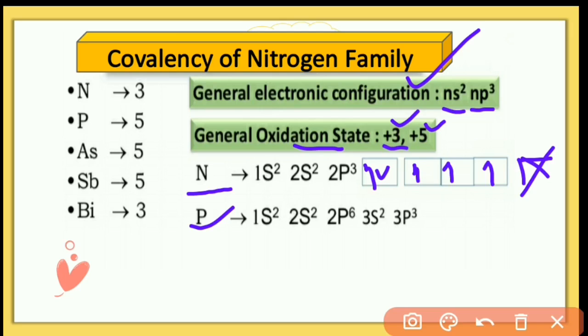Similarly, arsenic shows +5, antimony shows +5, and bismuth shows +3 due to the inert pair effect, because ns2 electron participation is restricted due to poor shielding effect.